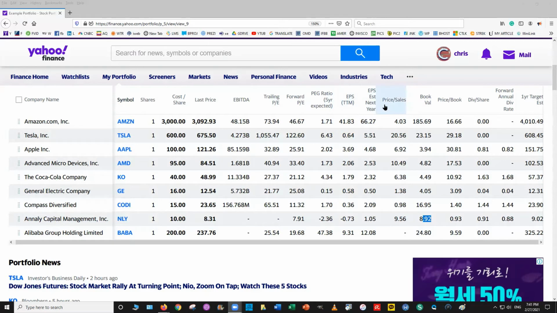Now, price per sales is a little peculiar because to get the price of the stock, they take the total amount that the company's worth, and that's like the capitalization of the stock. How much is it worth total with all their share prices, okay? And then they multiply it by the number of shares, and then they divide it by the sales. Not the earnings, but what they're selling.